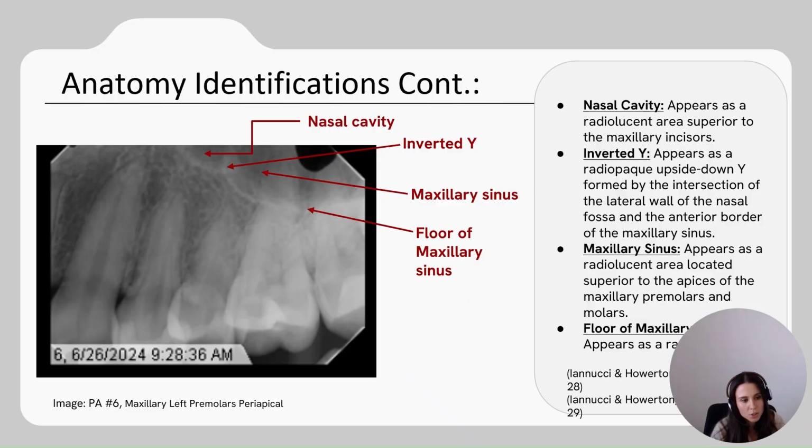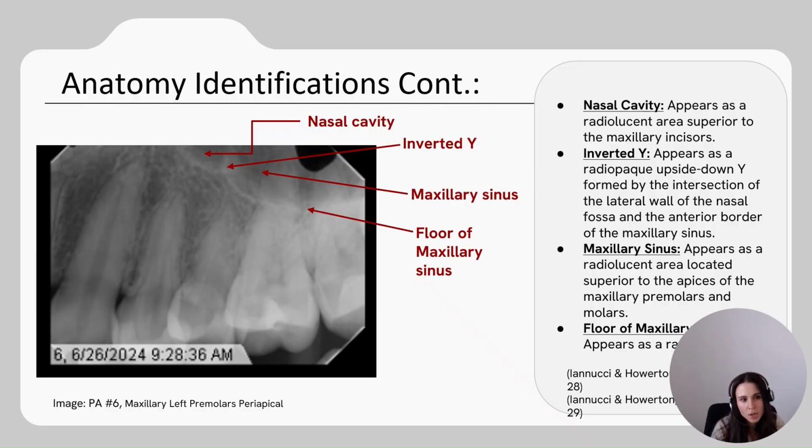This next image is the PA number 6, which is the maxillary left premolar periapical. Following along as well, starting at the top with the nasal cavity, where that's pointing, it appears as a radiolucent area superior to the maxillary incisors.